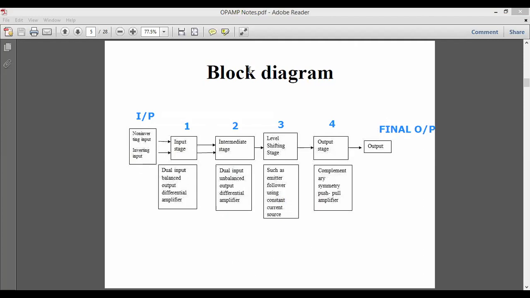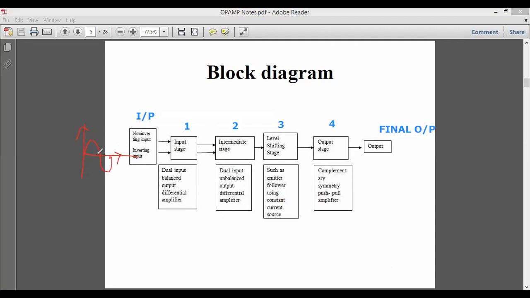Now if you look carefully at the diagrammatic representation here, once I apply the input signal to the op-amp like this, I have applied an input terminal to the op-amp.